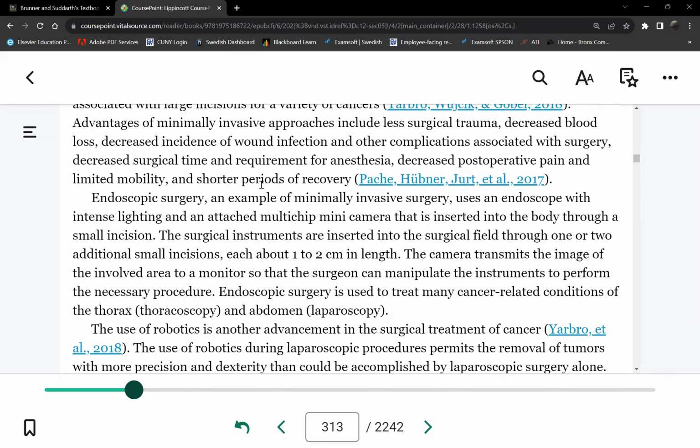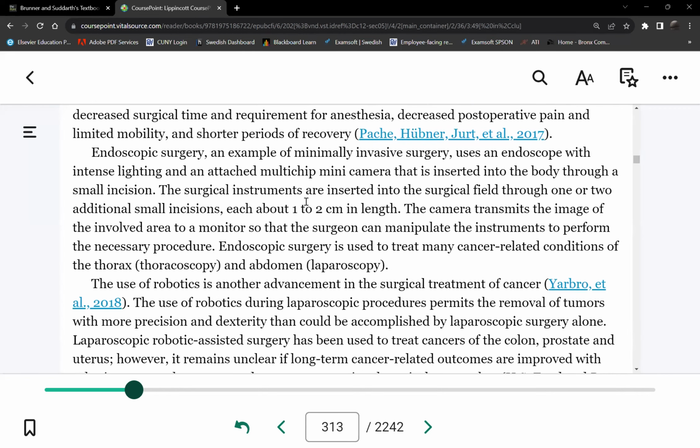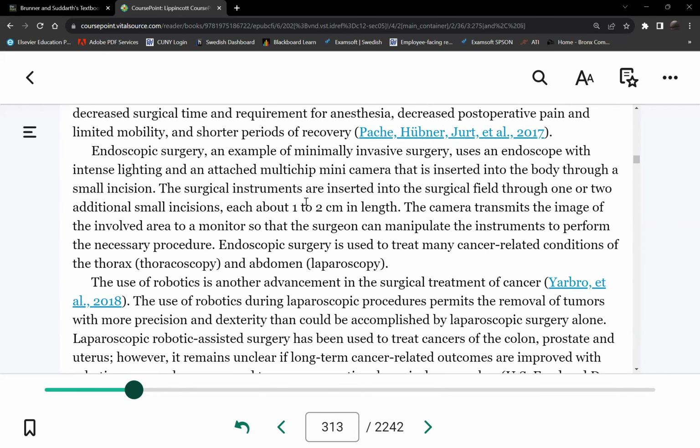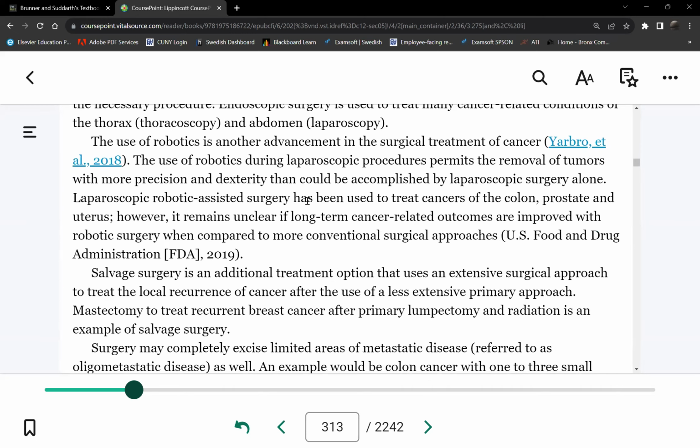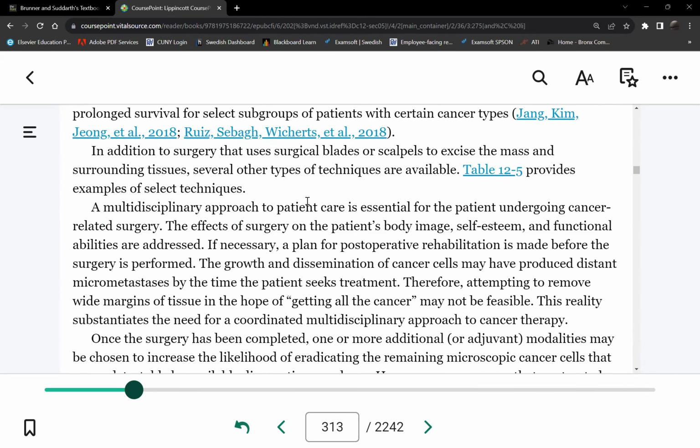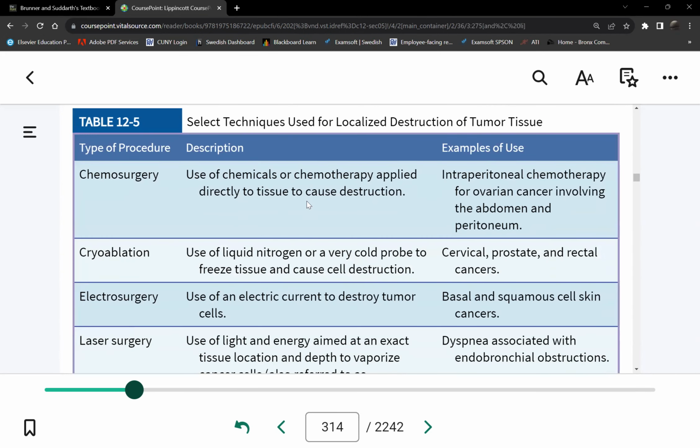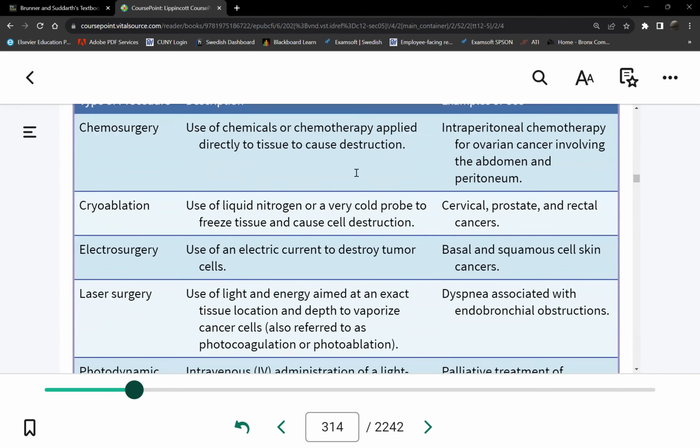Minimally invasive, using robots, for instance, or doing endoscopy. So we can do surgical removal of a tumor inside your esophagus or your stomach or any part of your intestine endoscopically. Here are other techniques.